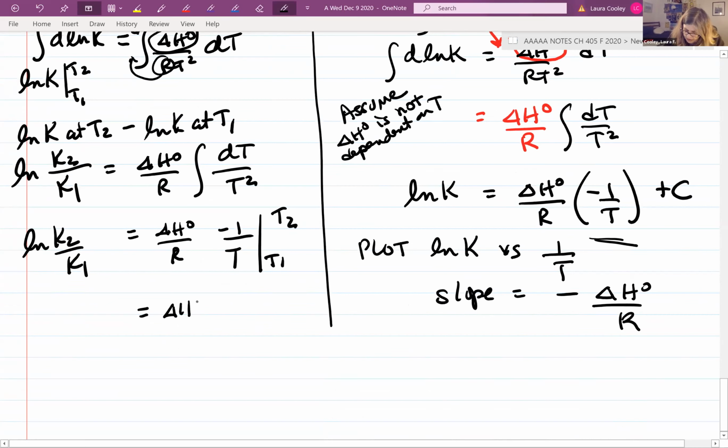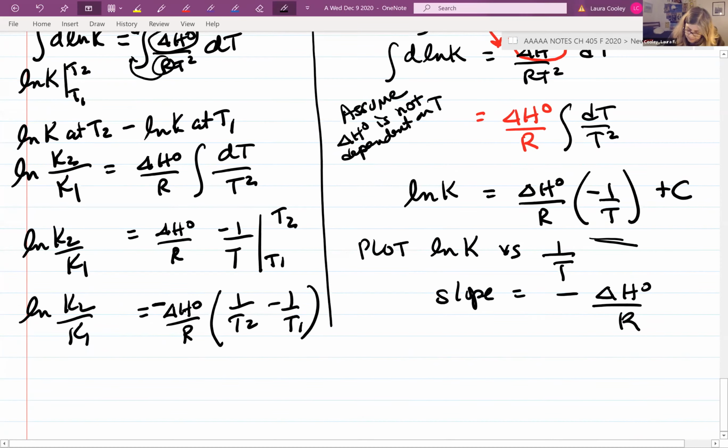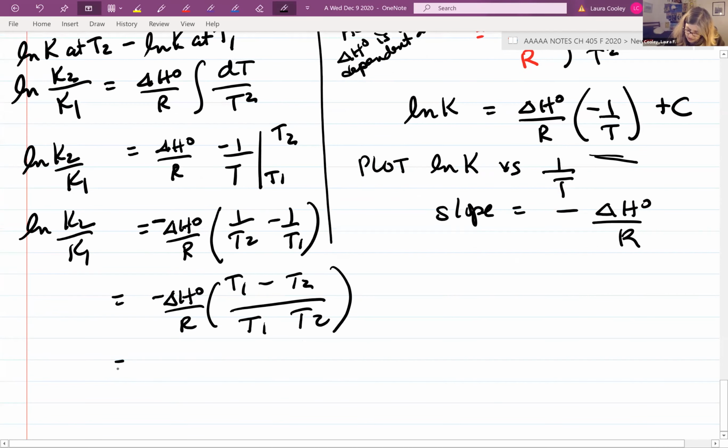So it's negative delta H0 over R, 1 over T2 minus 1 over T1. So this is negative delta H0 over R, T1 minus T2 over T1 T2, which then you could get rid of this negative sign and reverse that direction.